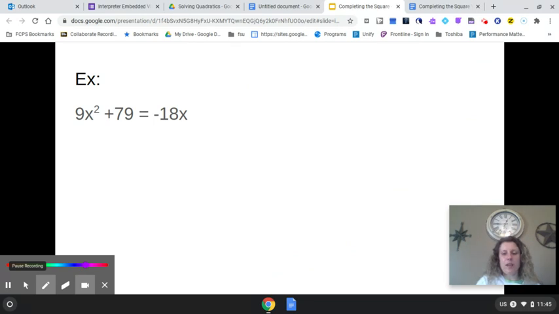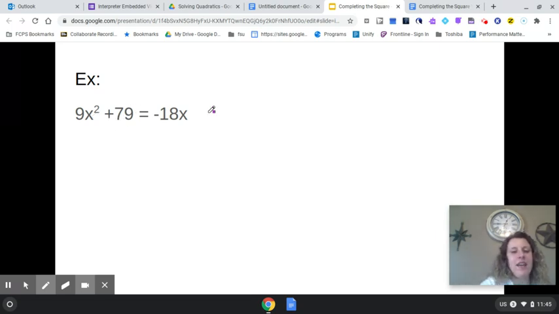Okay, the last example that we're going to walk through together says 9x squared plus 79 equals negative 18x. We need to gather all of the x's on the left side and all the constants on the right. So I'm going to add 18x to both sides, and I'm going to subtract 79 from both sides.